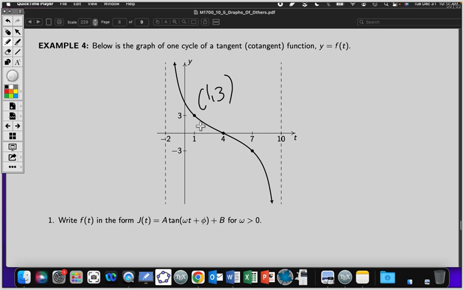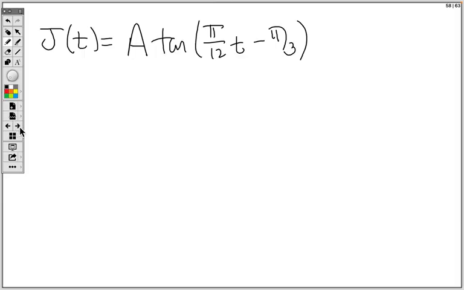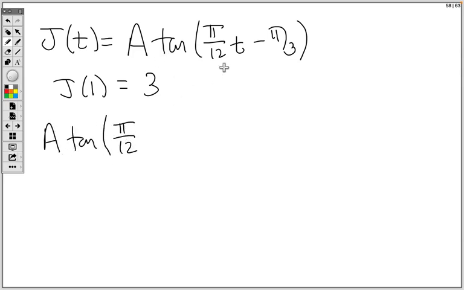So we'll go back to the fundamental graphing idea. In order for 1, 3 to be on the graph, when I plug in 1, I should get out 3. So let's plug in 1: a tangent of pi over 12 times 1 minus pi over 3.